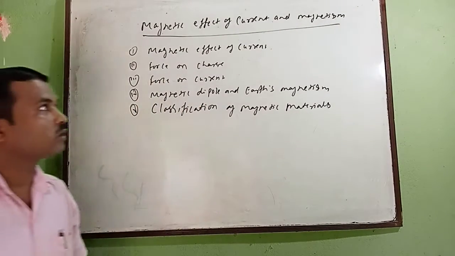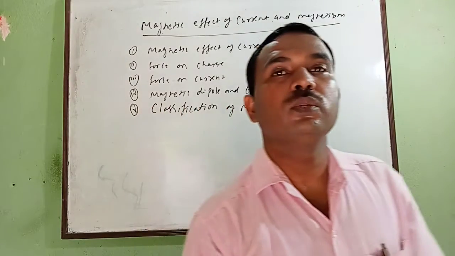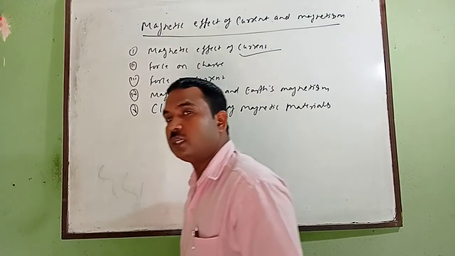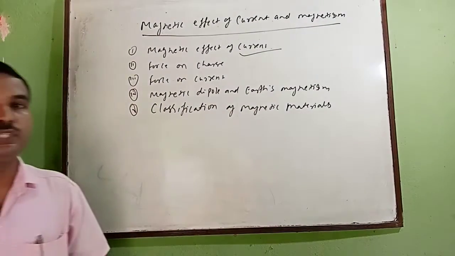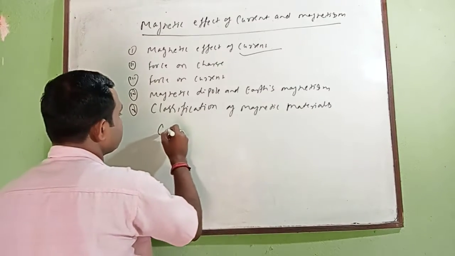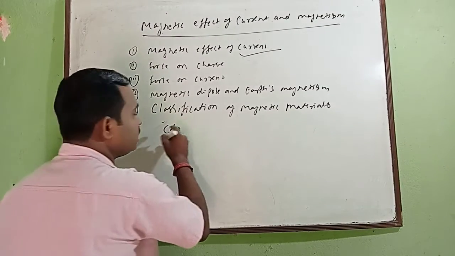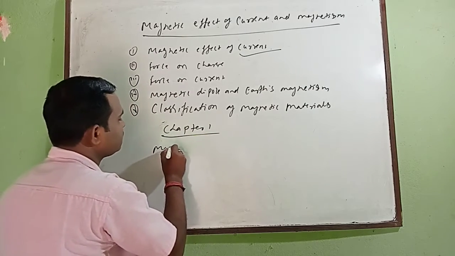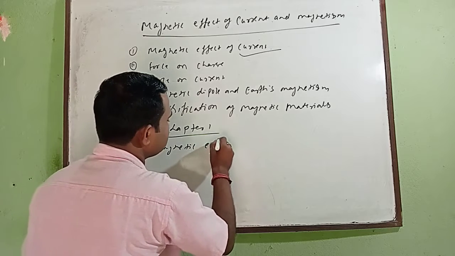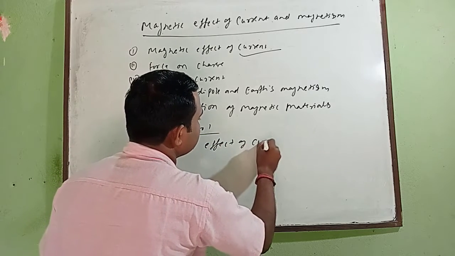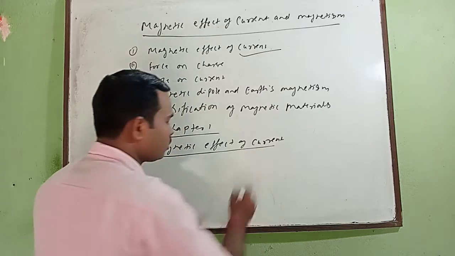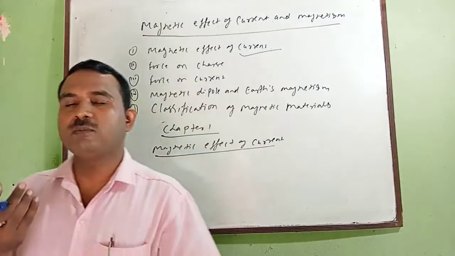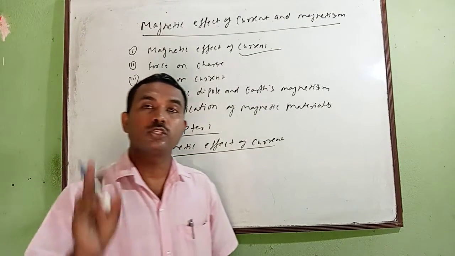In magnetic effect of current and magnetism, the first topic we will discuss is the magnetic effect of currents. Magnetic effect of current means what? Suppose we name chapter 1 the magnetic effect of current. And you know a magnet is a material that has two poles.